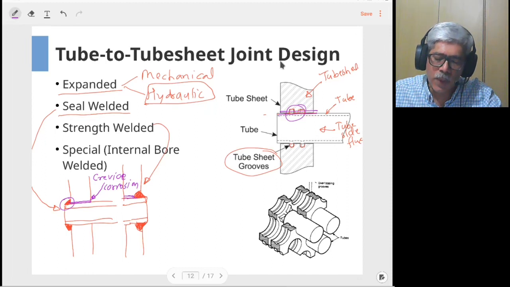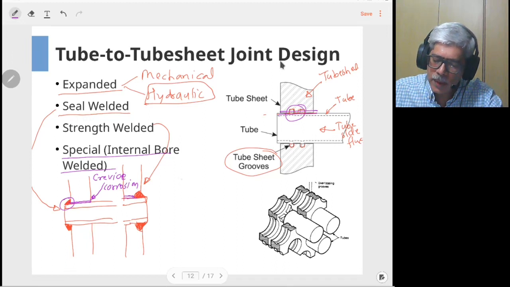You use some special joints, and one of them is the internal bore weld. In the internal bore weld, you provide a very special geometry. The tube sheet has projections on one side, and the tube gets welded onto this projection by means of a butt weld.